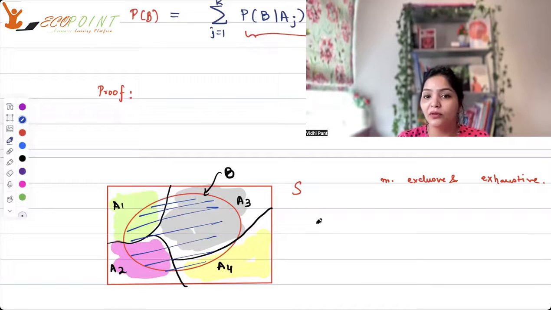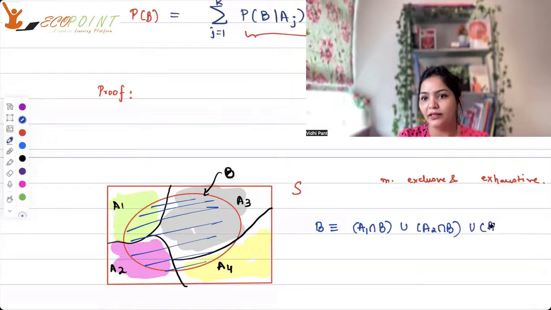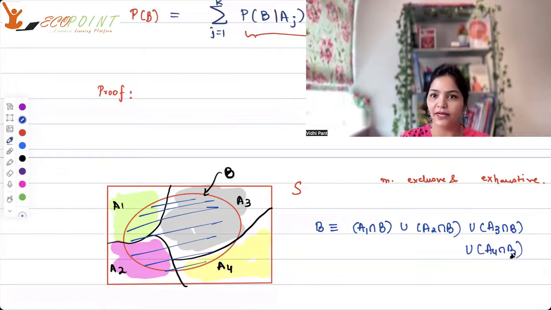So therefore, if I, in terms of set theory, look into it, I can say that B is basically A1 intersection B union A2 intersection B union A3 intersection B union A4 intersection B, right? It has an intersection with all, okay?